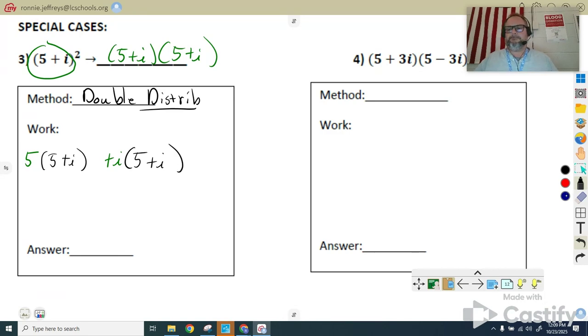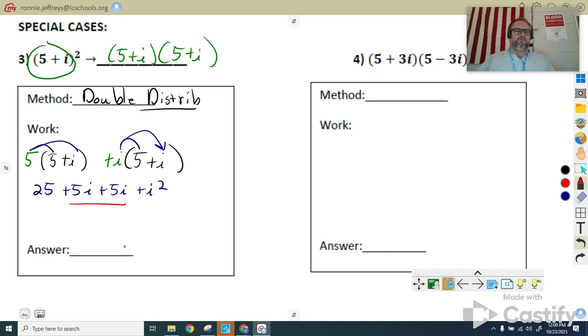So 5 times 5 is 25, this 5i, this 5i, well, this gives us 10i. I squared we know is negative 1. So we have 25 minus 1, which is 24.